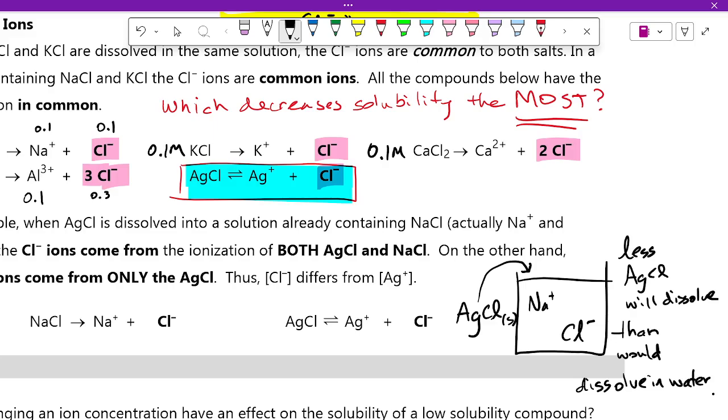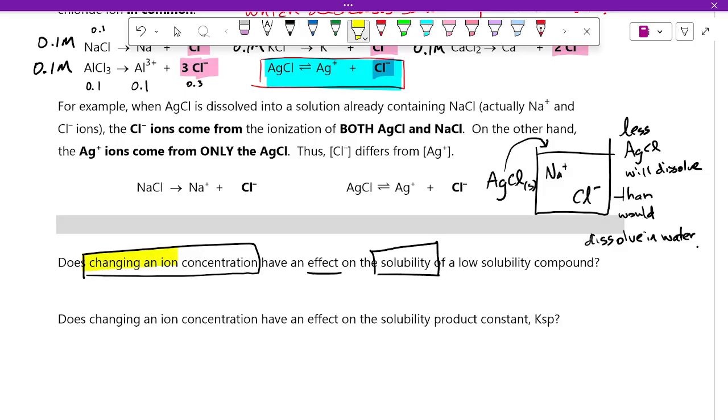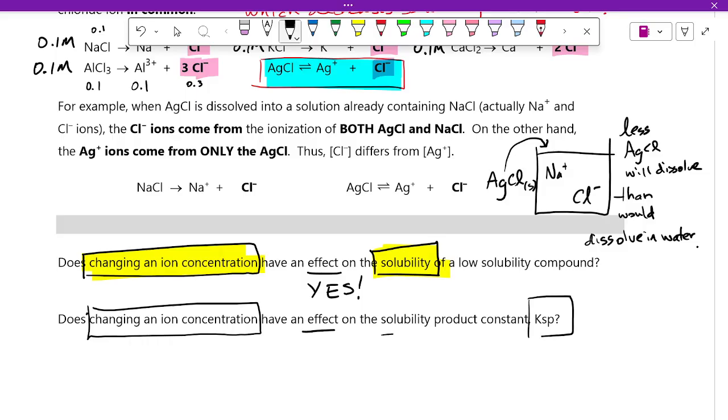Does changing an ion concentration have an effect on the solubility? Yes. Does changing an ion concentration have an effect on the Ksp, the solubility product constant?